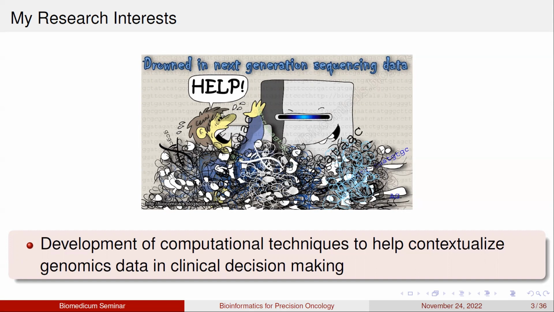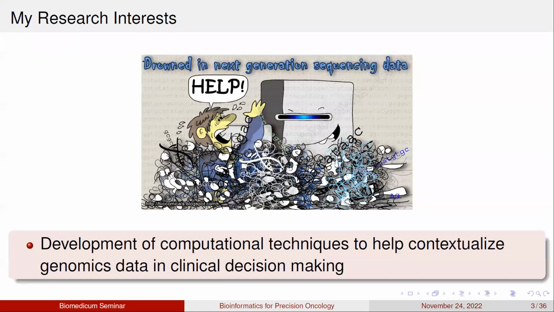So that's my main research interest, and whatever research I do, I keep this in mind and try to put all my research into a meaningful perspective.